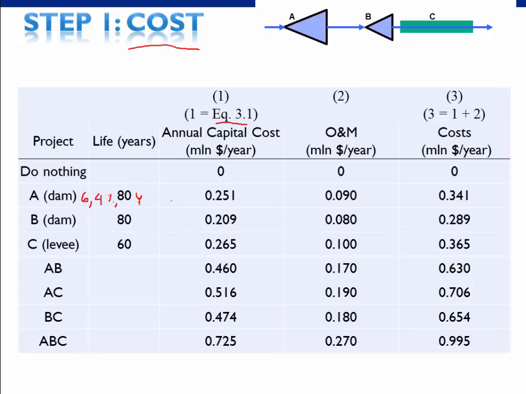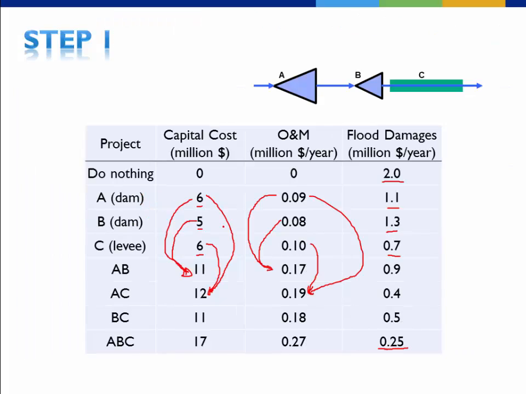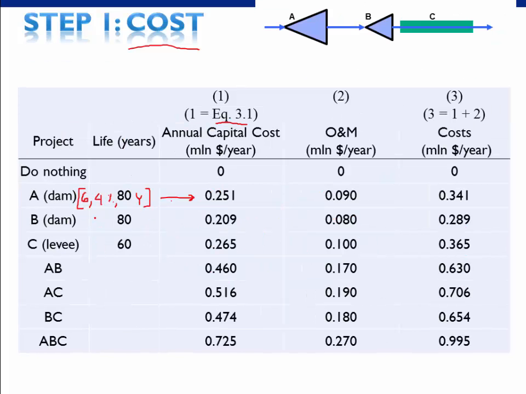Okay, so with this information, you plug it into equation 3.1 and you get that the annual cost, the annual capital cost, will be $0.251 million per year. Similarly, for dam B, it costs 5 million. Again, this is the same interest rate, 4%, and for 80 years. So if you plug all of this into equation 3.1, this is what you're going to get.